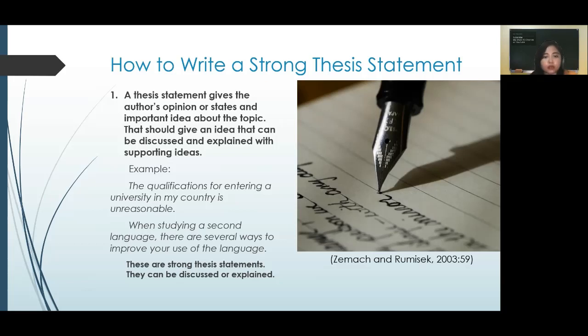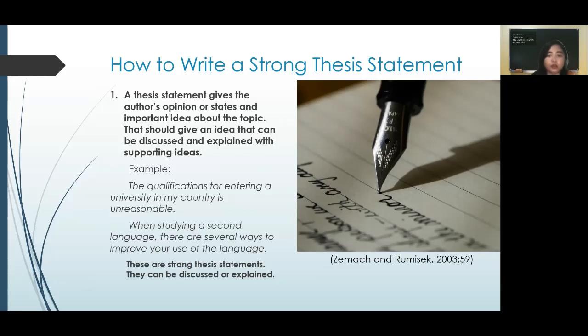Second example: when studying a second language, there are several ways to improve your use of the language. That's the sentence. There is the phrase "several ways."